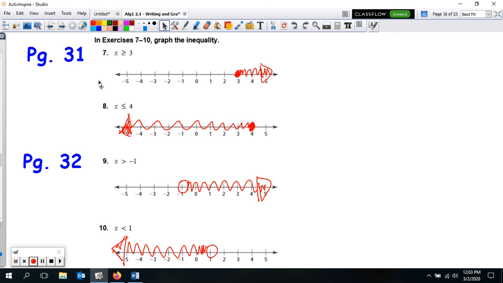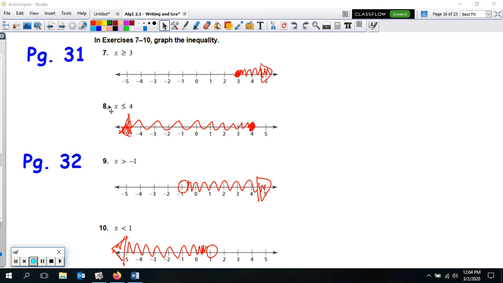So hopefully you were able to graph those correctly and that you're not having too much trouble trying to graph these. One technique, or a little tip again, can be that if your variable is first, your shading will be consistent with the way the arrow is pointing. But that is only if your variable is first.